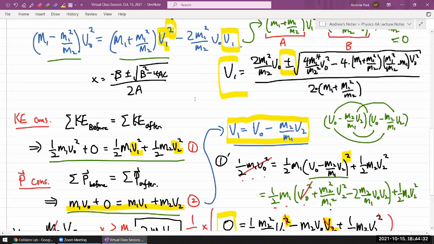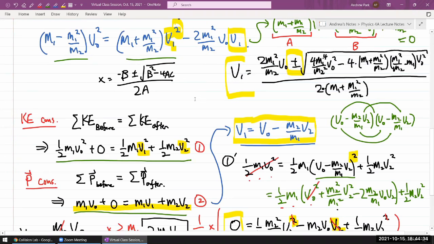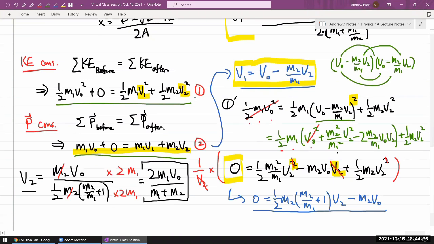There isn't some good rule of thumb I can give. Other than that, I've done this particular version enough times to know that when I see this, specifically when I see this v naught with no other coefficient in front, I knew that this cancellation was coming.